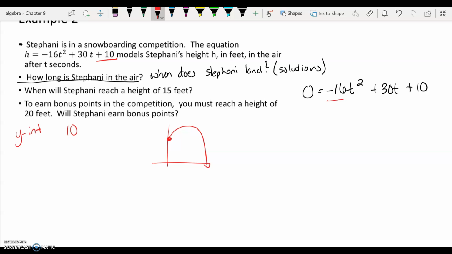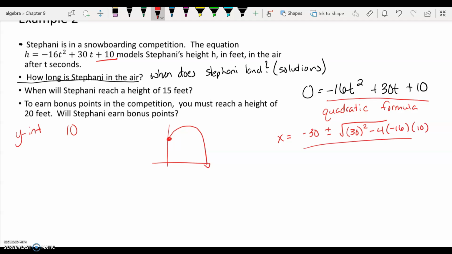Now when you see numbers like this, you're probably going to use the quadratic formula. So x equals negative b plus or minus the square root of b squared minus 4ac all over 2a.